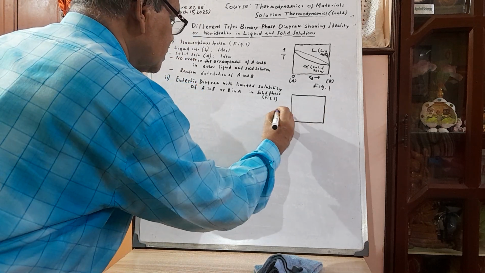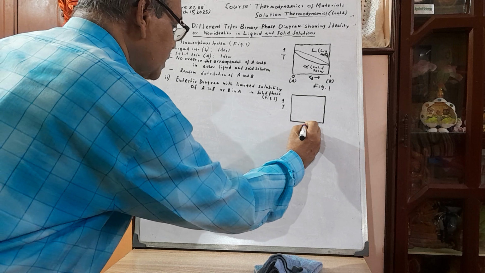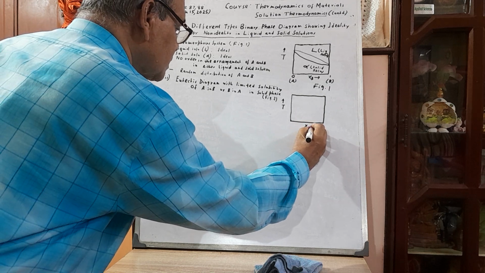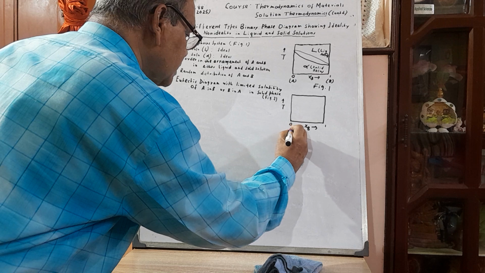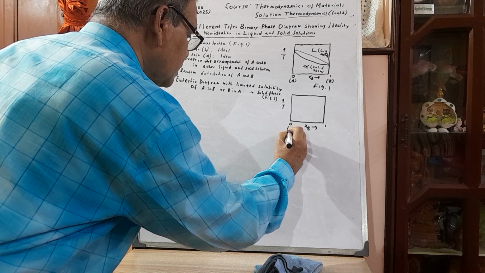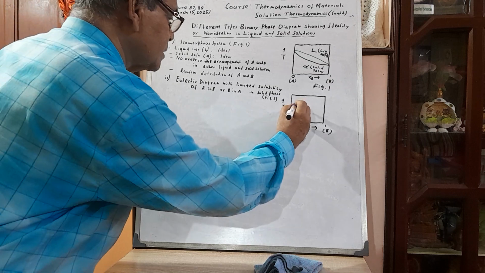Again, you have temperature, and you have xB moving from 0 to 1. This is pure A, this is pure B, and the diagram will be like this.